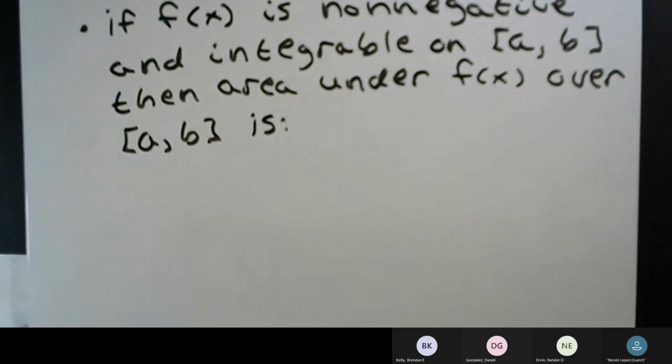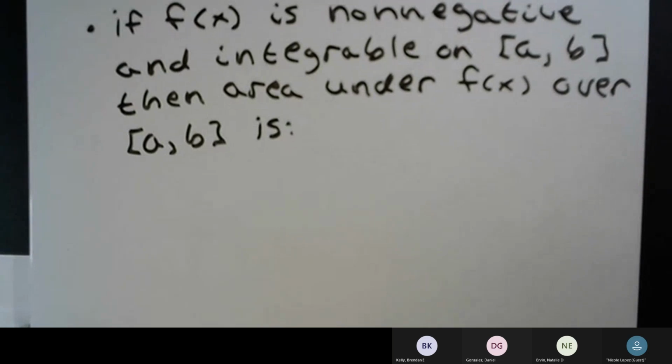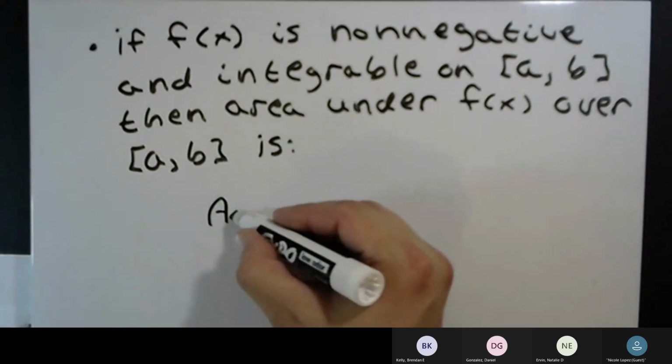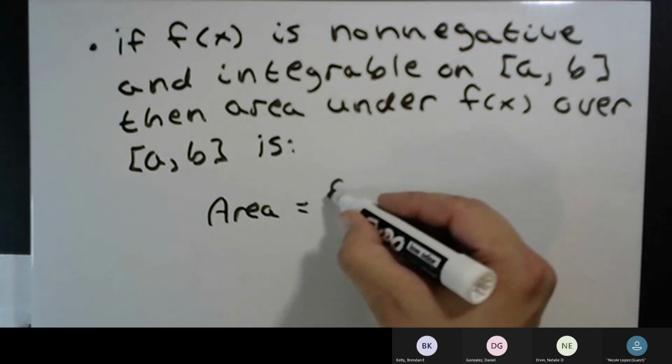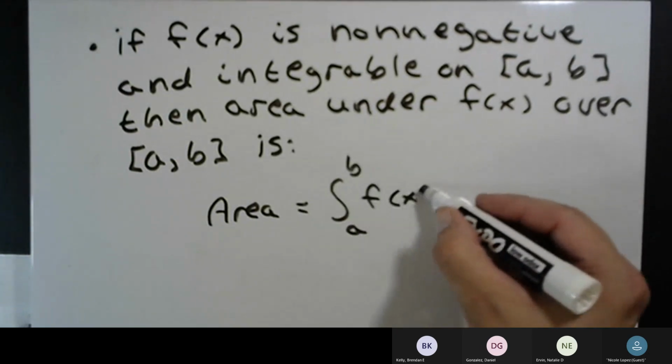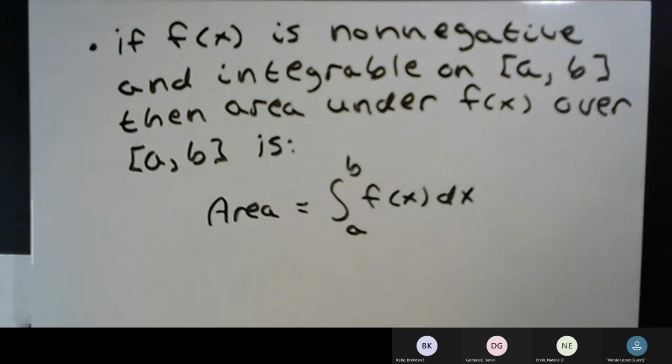And this is what we've been pretty much talking about the whole time. Area is going to be this. And we'll talk about what to do when the function is negative. We'll get to that also.